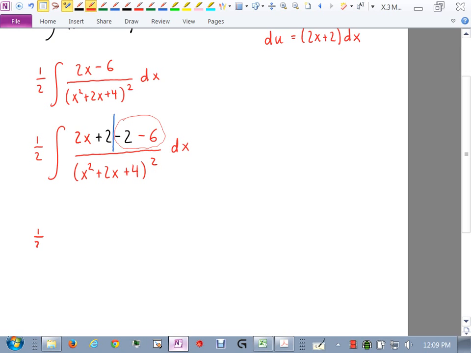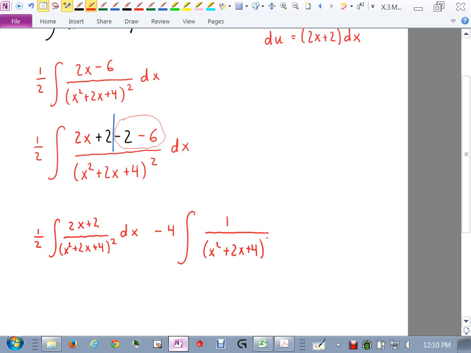I have 1/2 integral 2x plus 2 over my x squared plus 2x plus 4 squared dx, then minus 4 integral 1 over x squared plus 2x plus 4 squared dx.